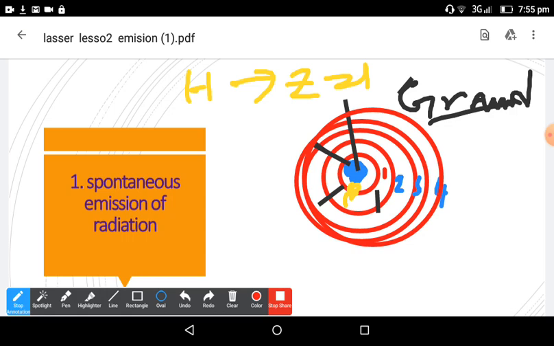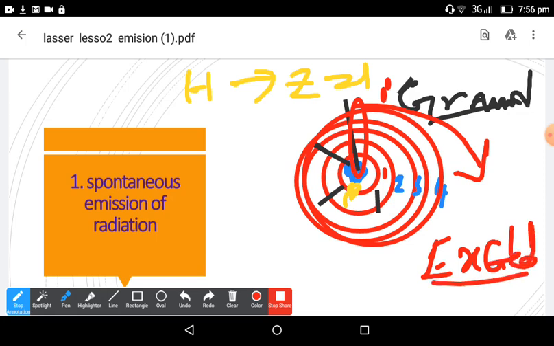Excited means reaching a higher energy level. Actually, the electron is reaching the higher energy level, but we say the atom is excited. Suppose the electron jumps to the fifth level, then this fifth level is known as excited level.